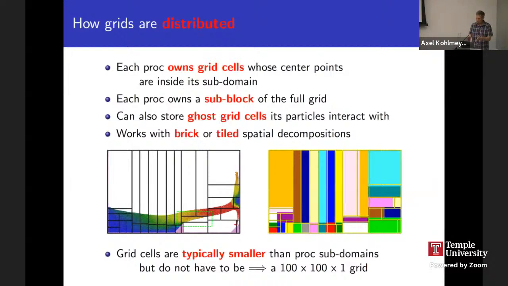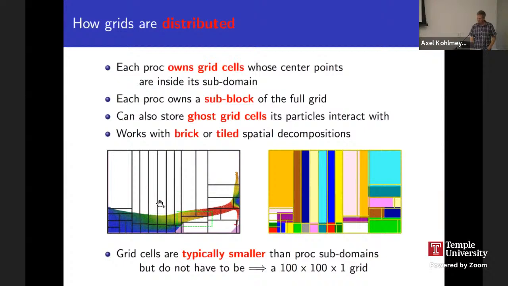Just like the partitions are regular, so would the subblocks be regular. And for reasons I'll talk about here, processors can not only own some grid cells, but they can store ghost grid cells around their domain for the purpose of its particles being able to interact. And this works equally well with brick or tiled spatial decomposition.